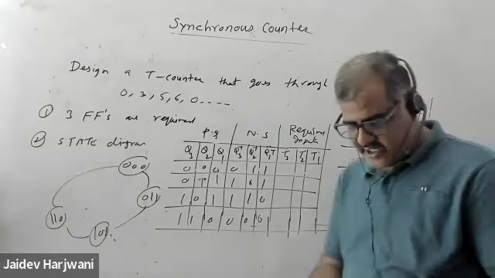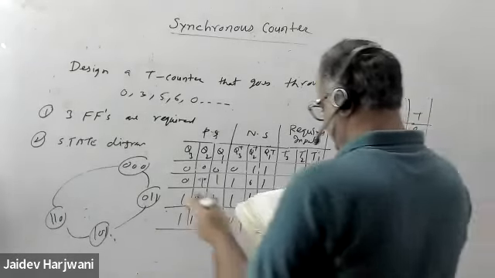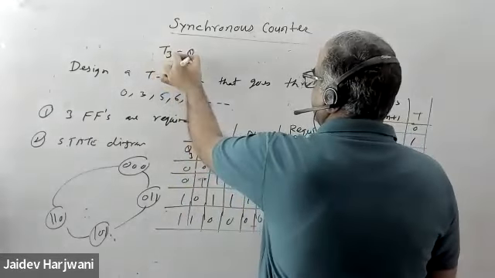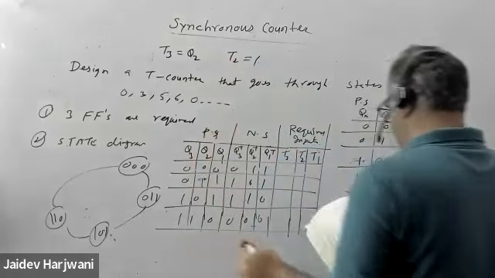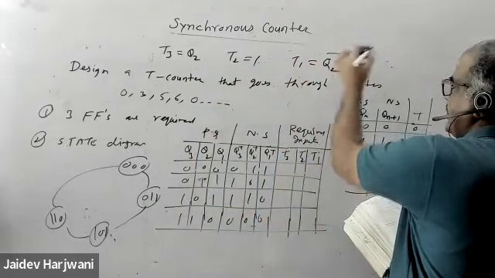So you can do it in 5 minutes. I am writing the answers, you tell me whether it's correct or not. So T3 is coming as Q2, T2 is coming as 1, and T1 is coming as Q2 bar.